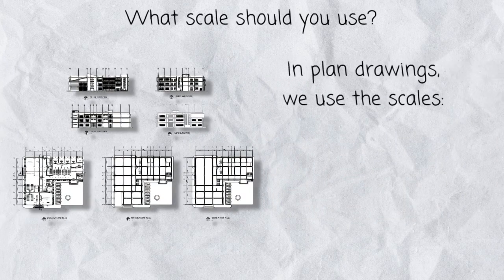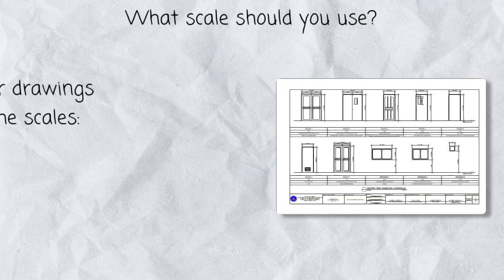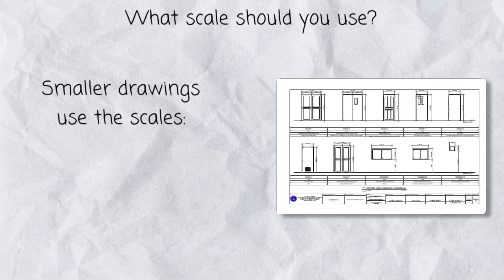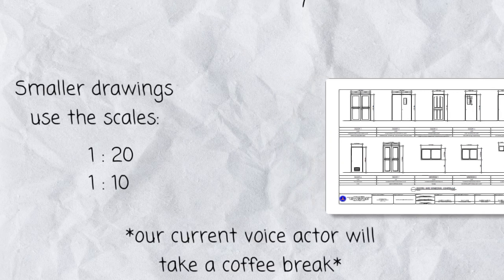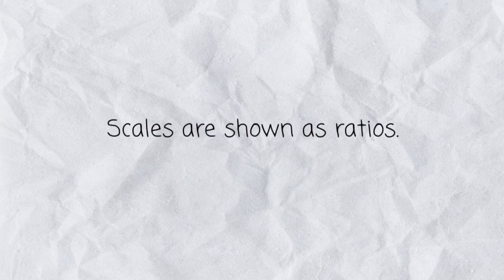For plan drawings such as floor plans, elevation, and sections, 1:100 or 1:50 are the most used scales depending on the size of the drawing and the paper to be used. Smaller drawings such as room plans, interior elevations, and detail drawings use bigger scales, such as 1:20 or 1:10.